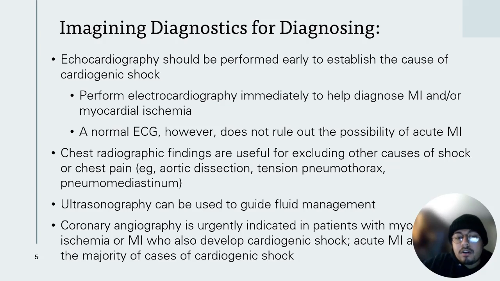An ultrasonography can be used to guide fluid management as well. If the patient's already in a state of major fluid retention, we'll have to keep that in mind. Coronary angiography is urgently indicated in patients with myocardial infarctions or ischemias, who can also develop cardiogenic shock. An acute MI is usually the cause in the majority of cases of cardiogenic shock.